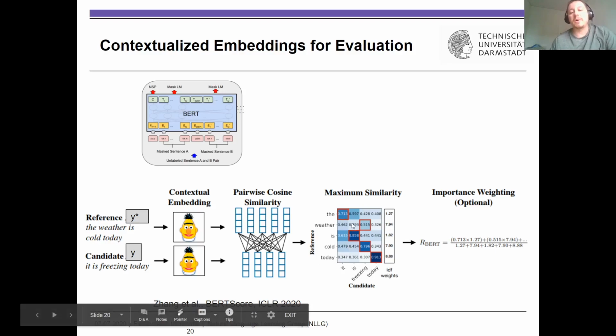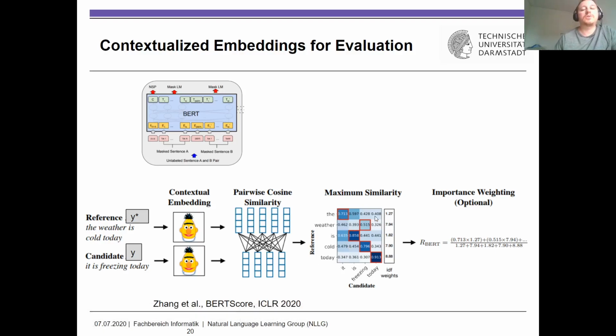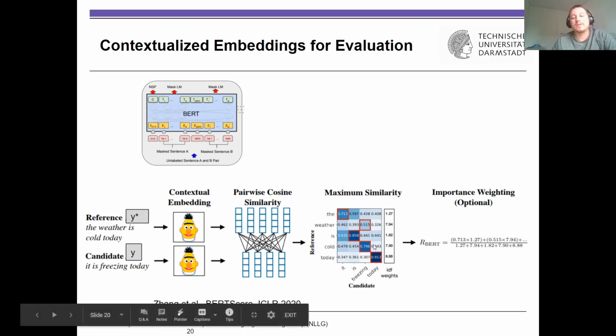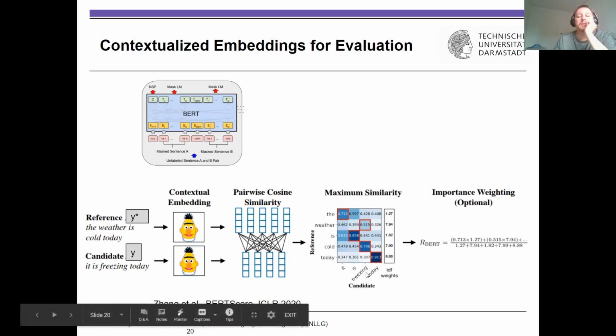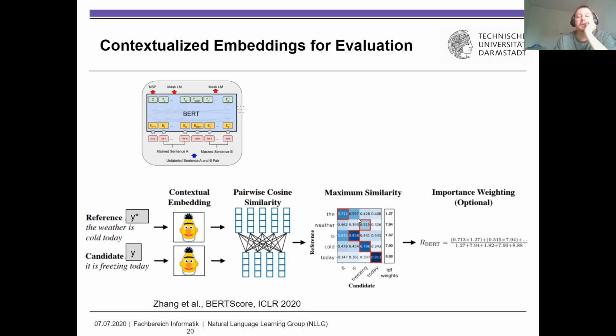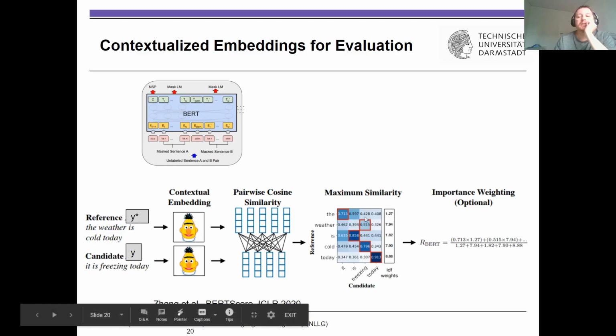Then this model constructs an alignment between those two sentences, like a greedy or heuristic alignment. How does that work? Here are all the cosine similarities of this word "the" to all of the words in the other sequence. Which one has the maximum? So in each row it just takes the maximum, and that gives a kind of alignment between those two sequences.